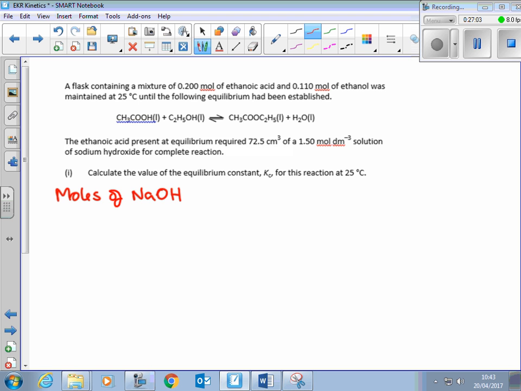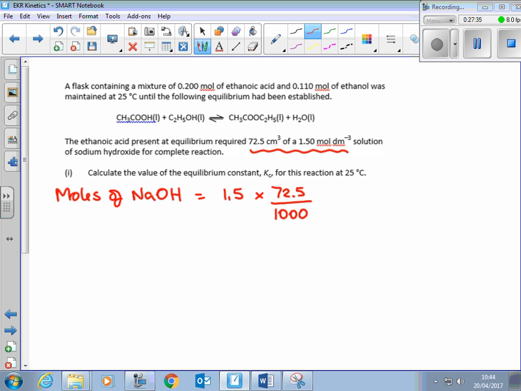We've got this information here. It would be 1.5 if we had a whole decimetre cubed, but we haven't, have we? What have we got? 72.5, yeah, which in terms of a fraction of a decimetre cubed, it's 72.5 thousandths of a decimetre cubed, isn't it? Yeah?